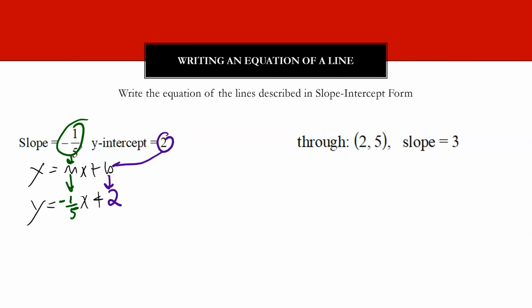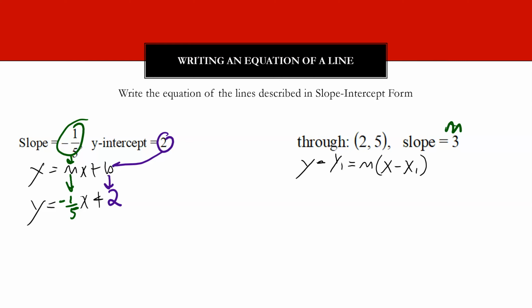I still have a slope, I still know what m is. But (2, 5) is just a random point. It's not an intercept. So in this one, I need to use point slope, because point slope, if you think about the name, tells us exactly what we were being asked to find.